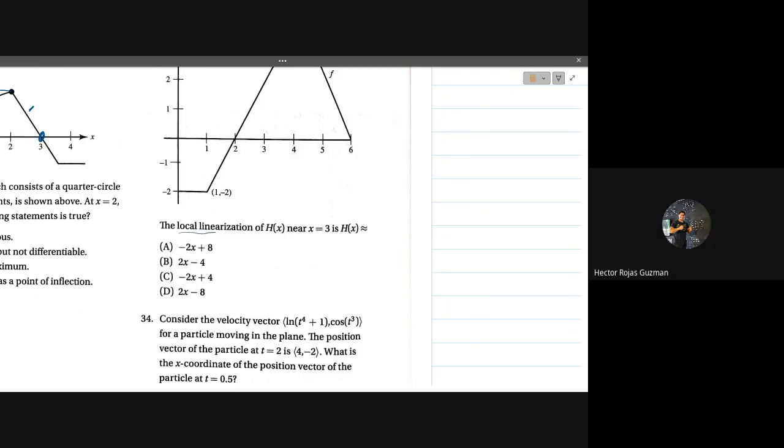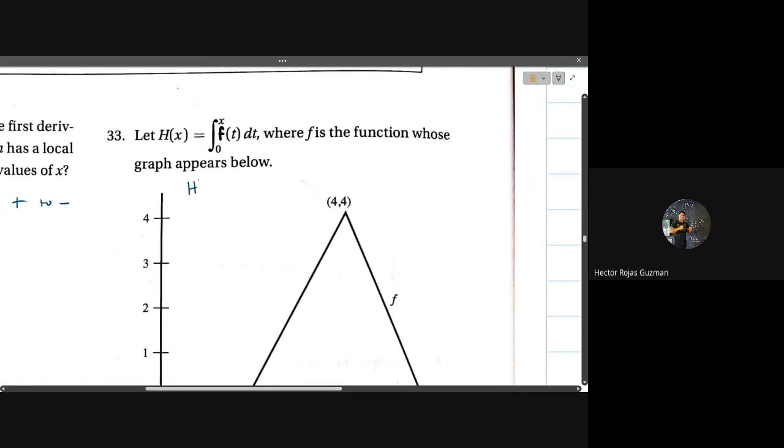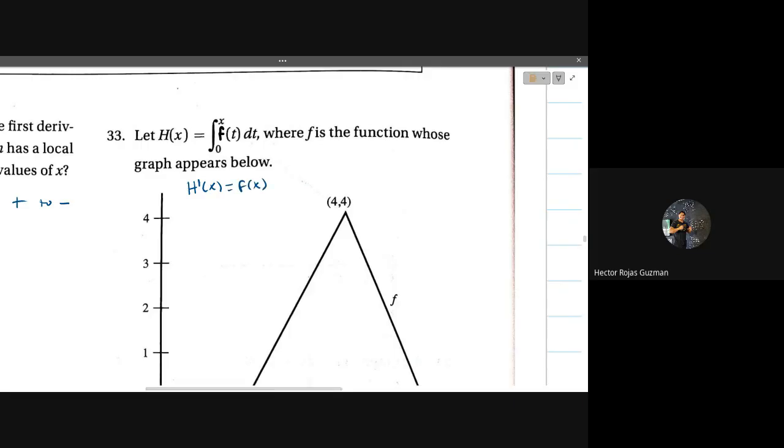Local linearization is talking about doing a tangent line. What do we need to make a tangent line? A point and a slope. Let's go find something. Let's find the derivative. H prime of x equals f of x.